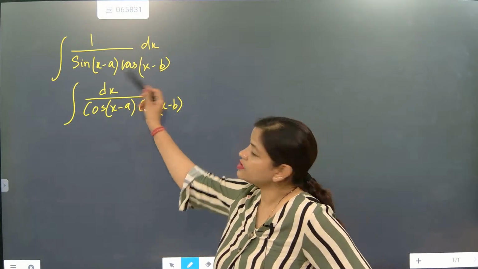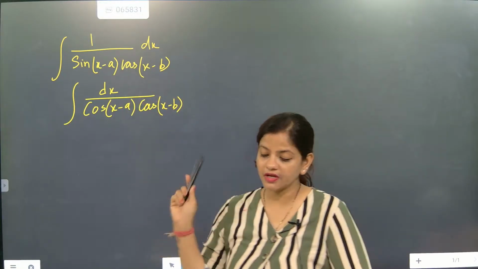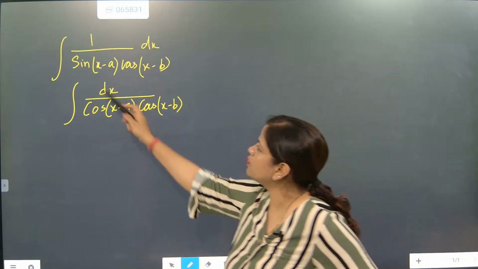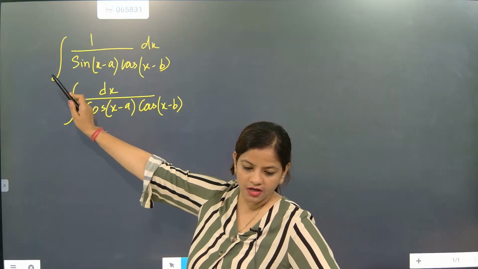Now look here. Remember the trick. First part, when sine and cos will be there, you put cos A minus B. Understood?